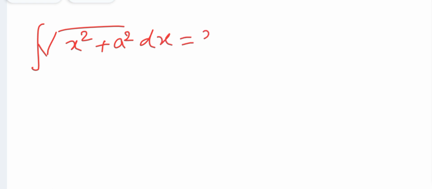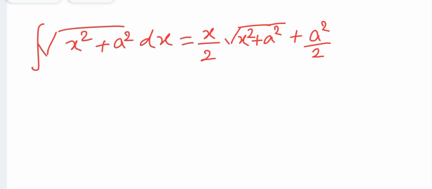We have studied this formula as x upon 2 root over x square plus a square, and then plus a square upon 2 log of x plus root over x square plus a square, plus c.